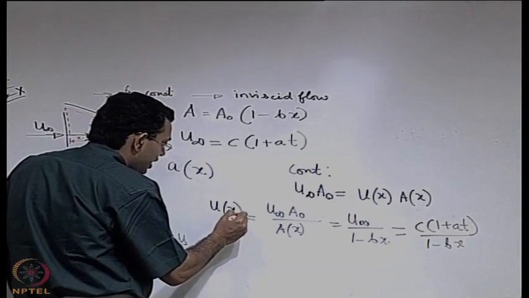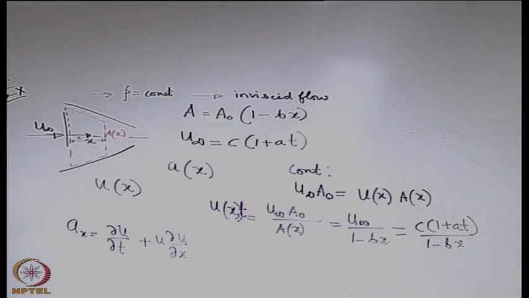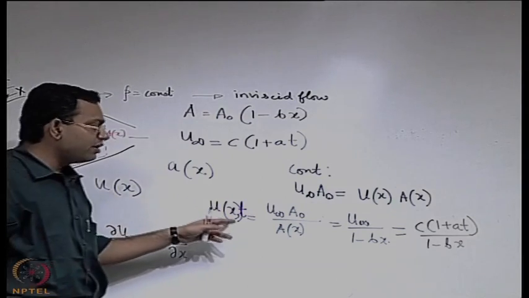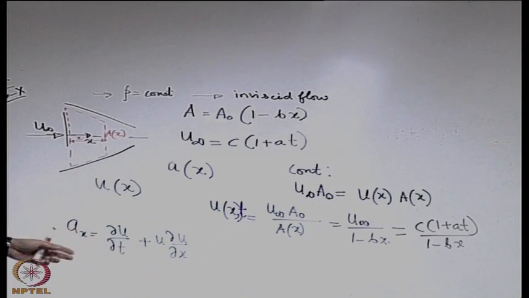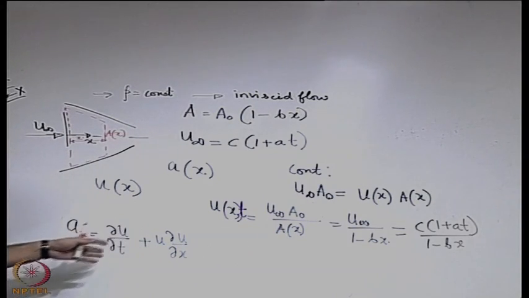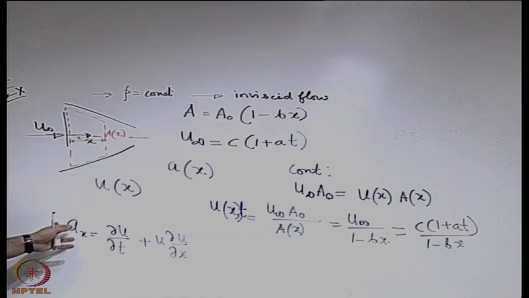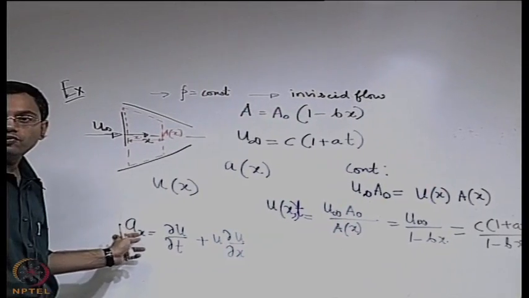So here we write it u x t to be more precise, because at a given x it will also vary with time, and then you can differentiate this expression. That is a straightforward exercise to find out the acceleration component along x. There is no acceleration along any other direction, because it is just a one dimensional flow.